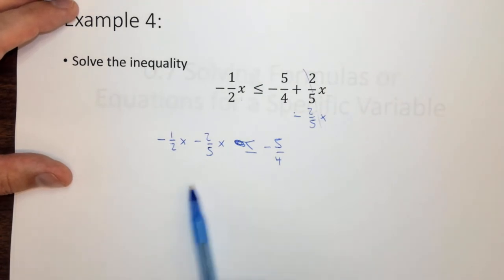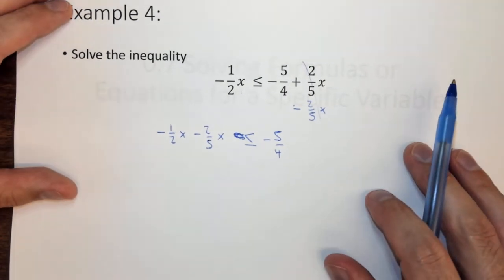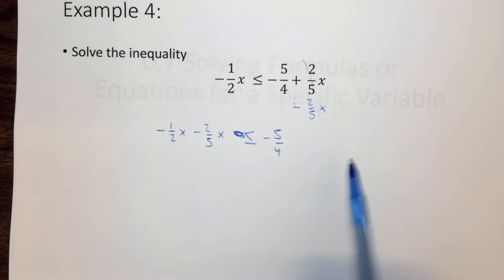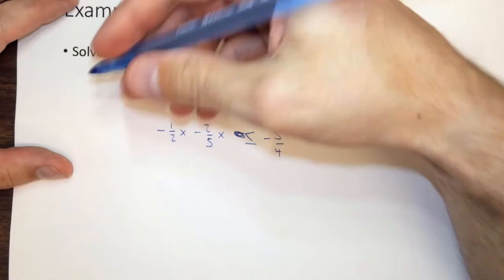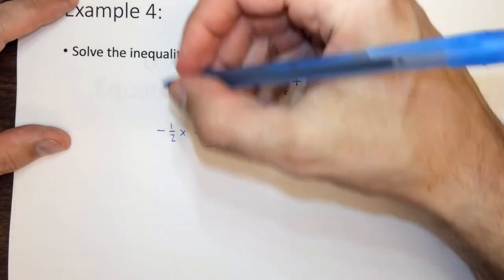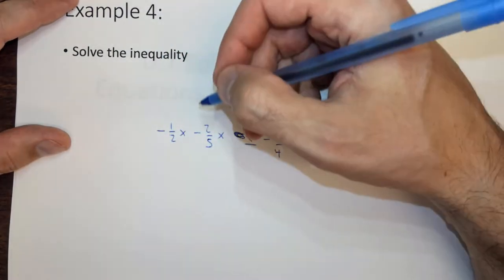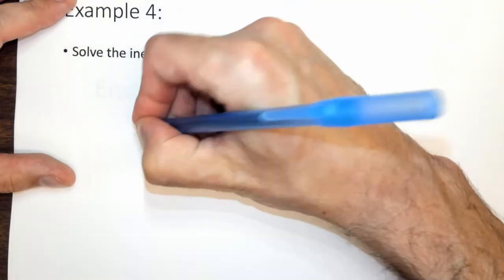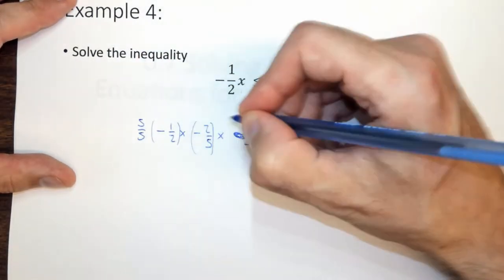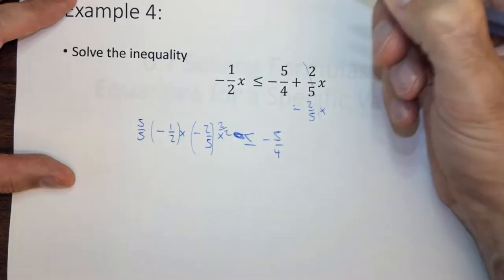Now we have fractions that we need to essentially subtract here. So we need a common denominator. Of course, you could do this on a calculator, but I'm going to do it using common denominators. In this case, we have a 2 and a 5, so 10 is the common denominator. I'm going to multiply this one by 5 over 5, and I'm going to multiply this one by 2 over 2.